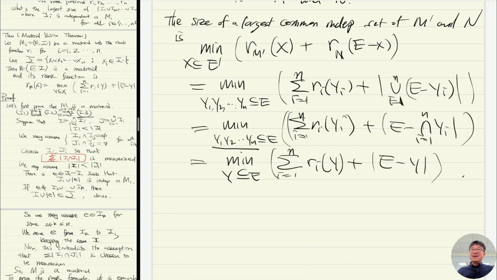Now I think I had a mistake there. Let me fix the statement. This is X minus Y, right? So rank of, and here you have X. All right, so that's it.